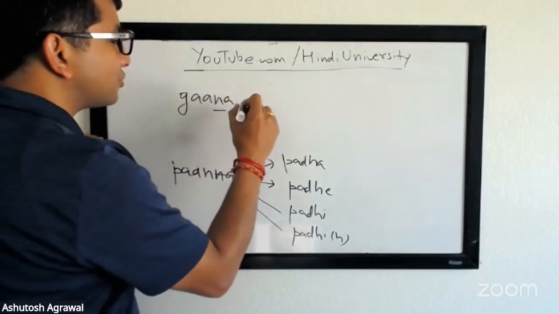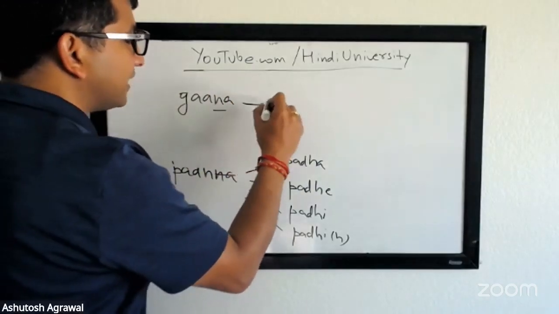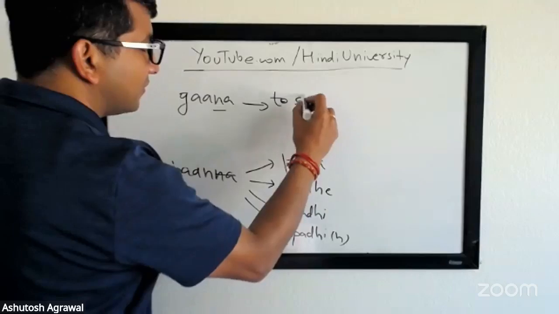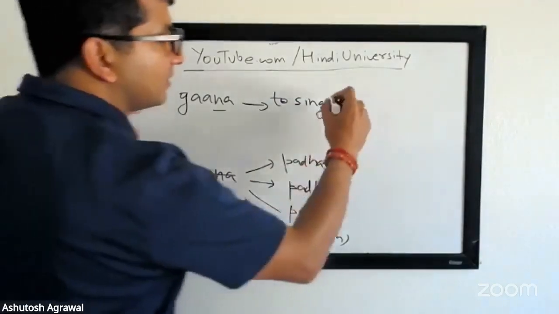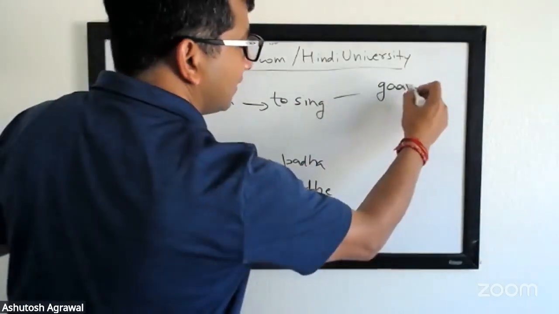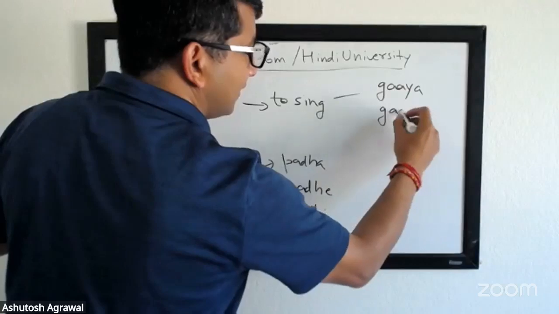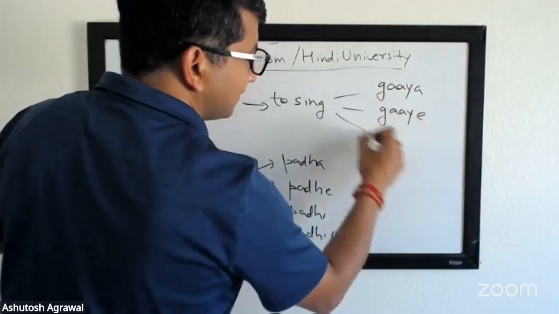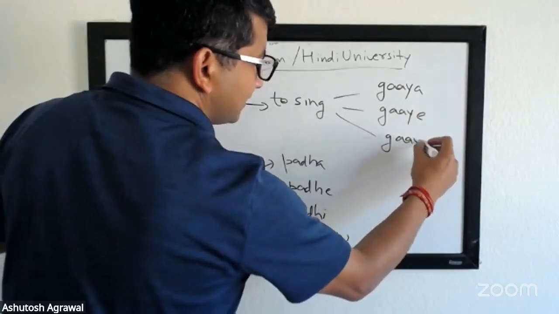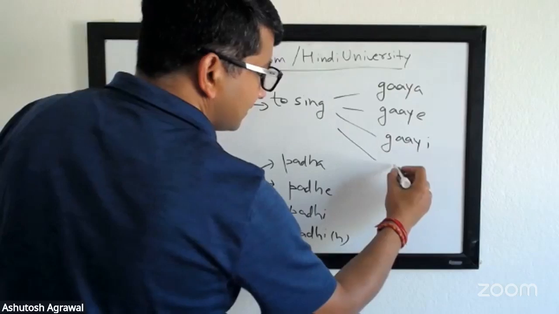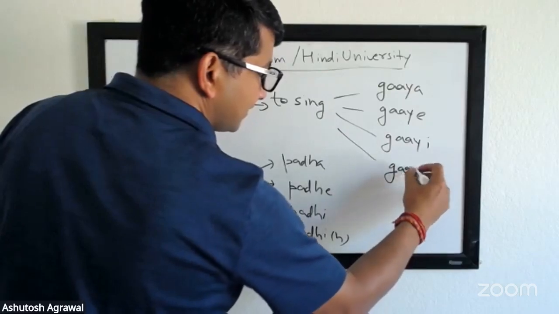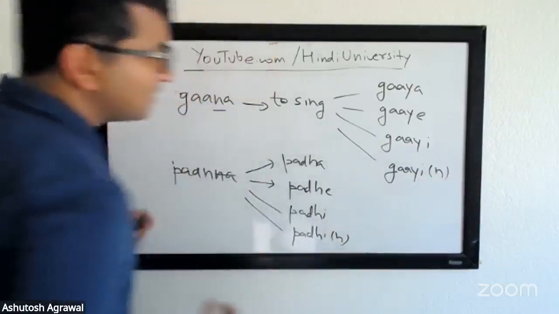Gana is a song, it's also to sing. Okay, so gaya, gaya, gaye, gaye, very good. Gayi, gayi, and gayin, yin. Awesome, good job.